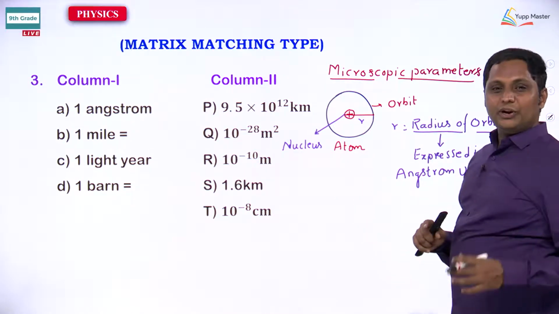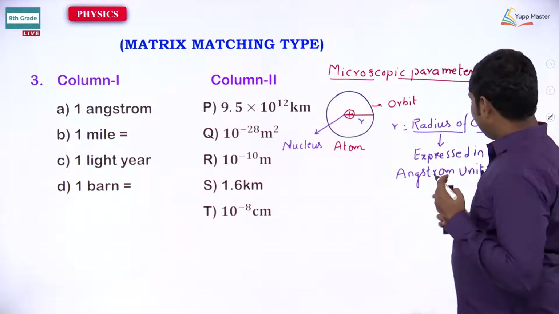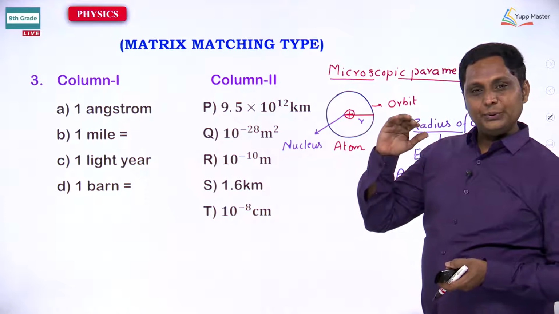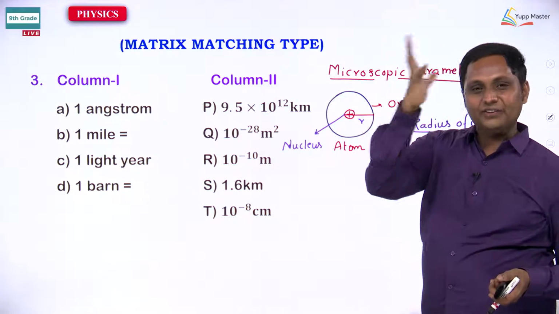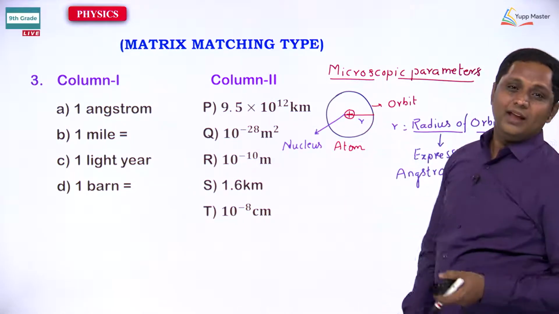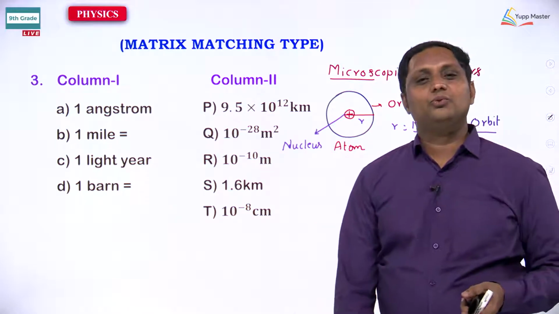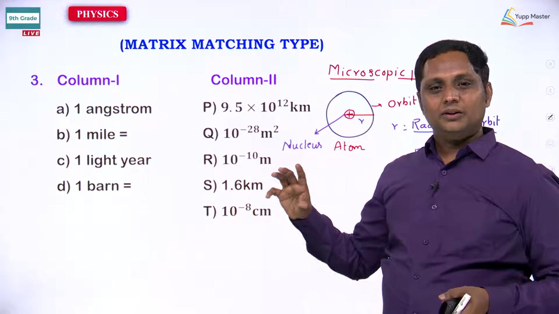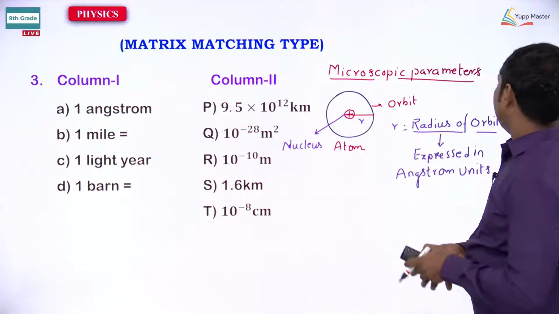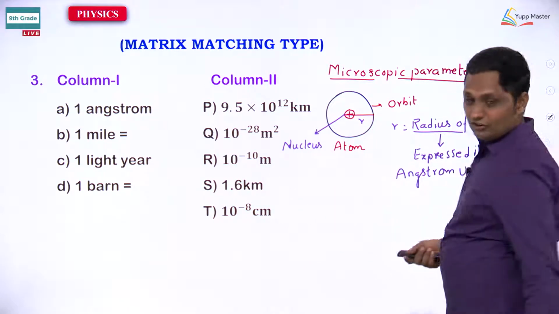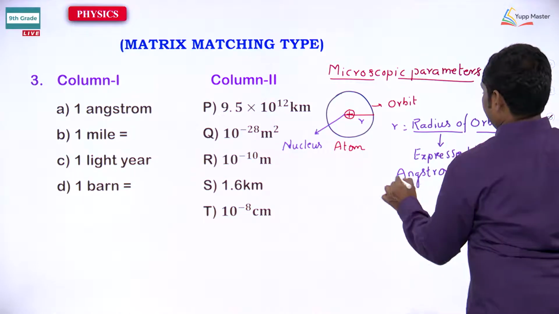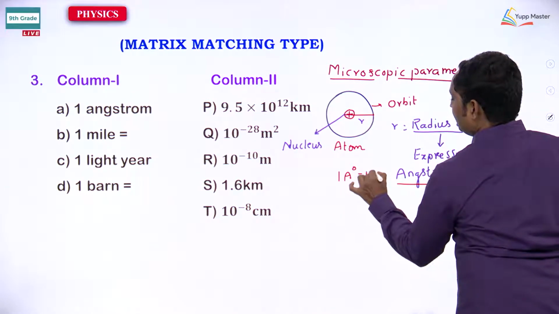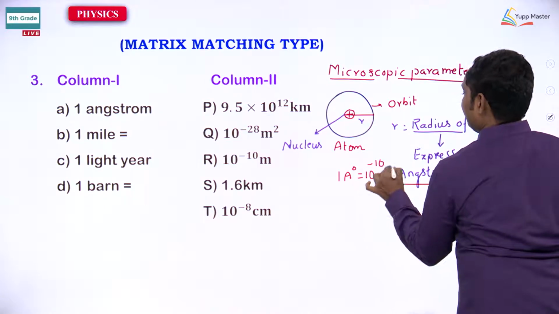Now you are going to take the use of angstrom to represent the radius of the orbit. Let us assume in case of the hydrogen atom, we would like to represent the radius of the atom, which is approximately equal to the size of the atom, with one electron revolving. 1 angstrom is equal to 10 to the power of minus 10 meter.